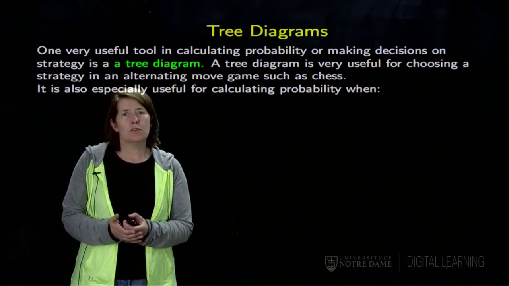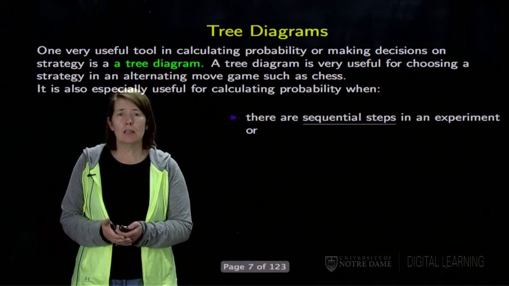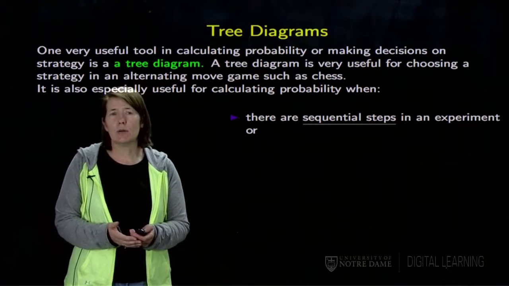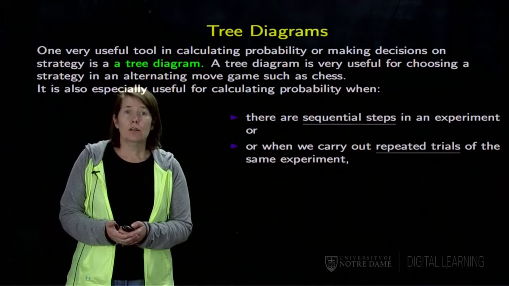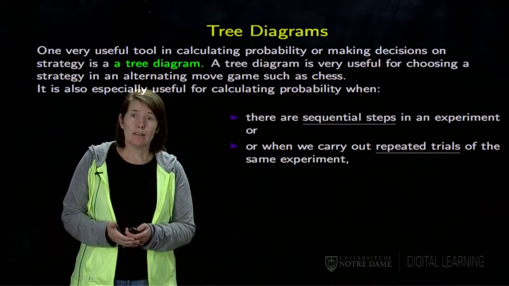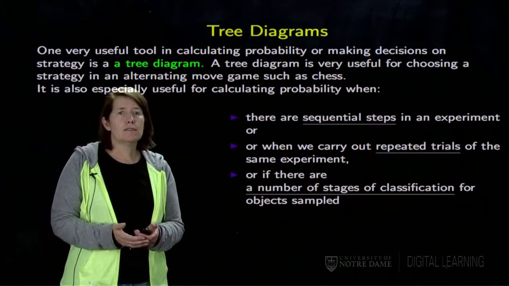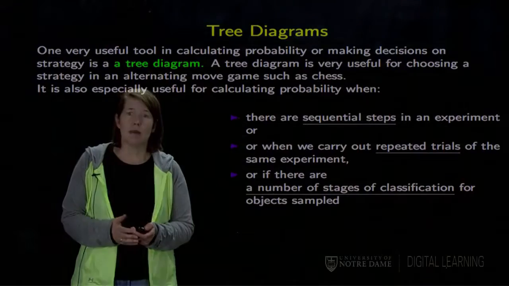And it's also especially useful for calculating probabilities in a number of situations. Situations where there are sequential steps in an experiment, or when we carry out repeated trials of the same experiment, or if there are a number of stages of classification in objects sampled.